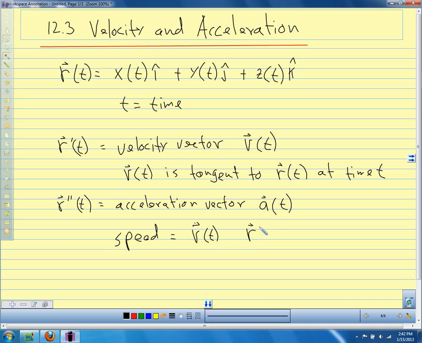So that's going to be the magnitude of r prime of t. And the scalar acceleration is just the magnitude of our acceleration vector.